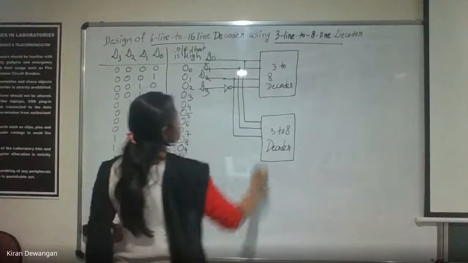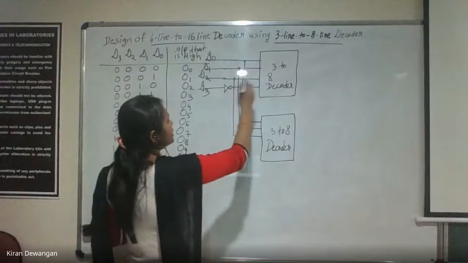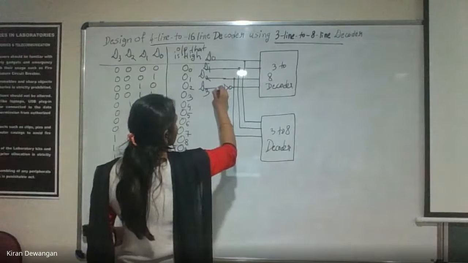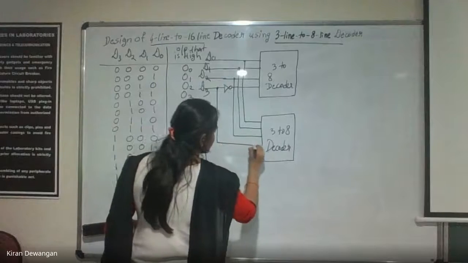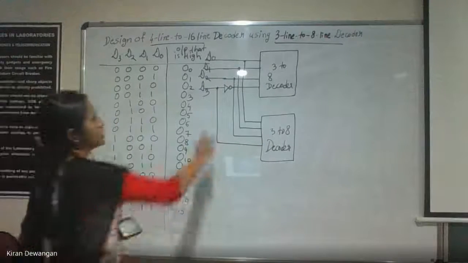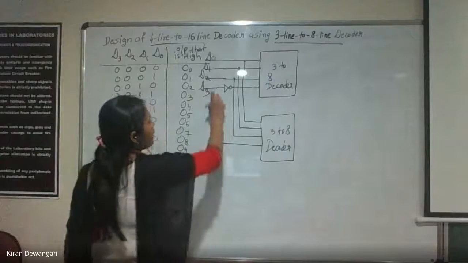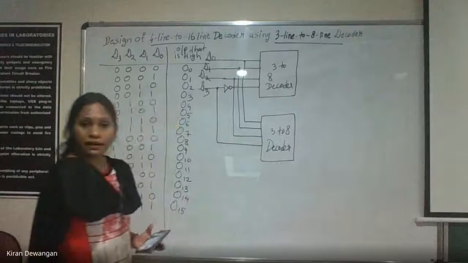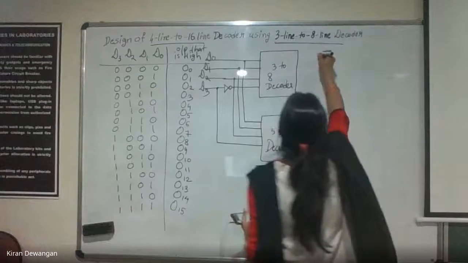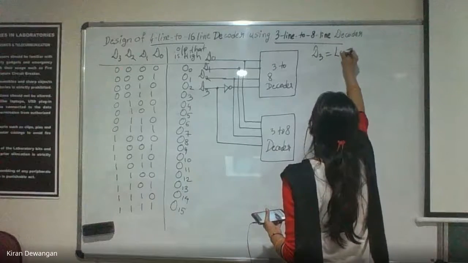And what happens to D3? It is connected through an inverter to the first decoder and directly to the second decoder. Now what happens here when D3 is low?